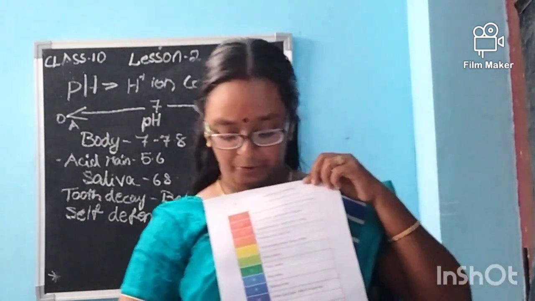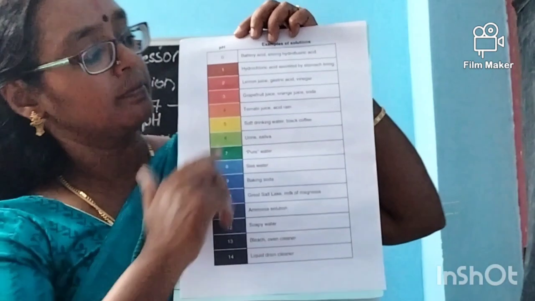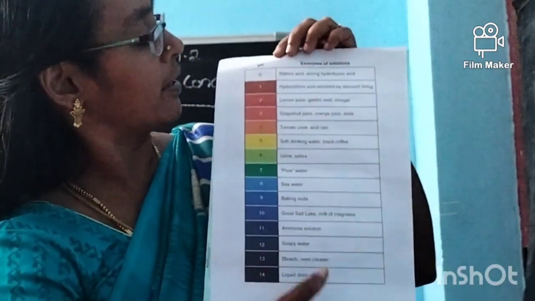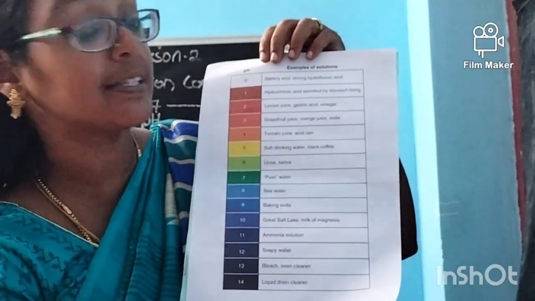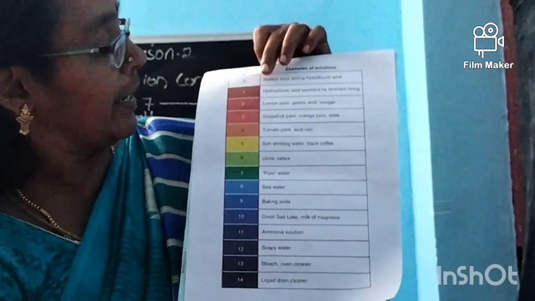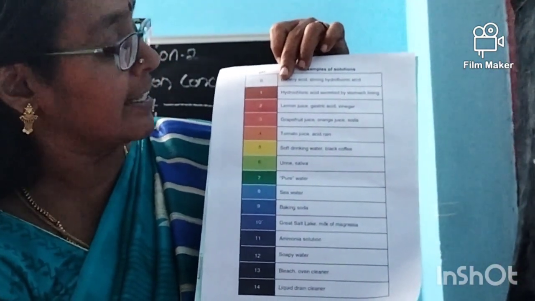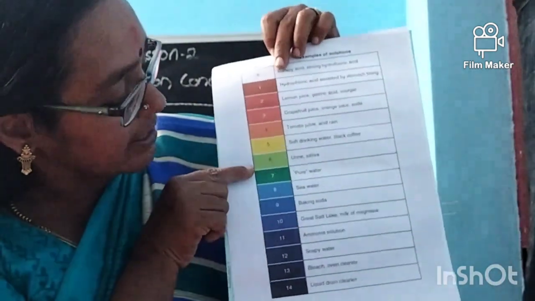See here, can you see? 0. Can you see, dears? Can you see, ma? Now you can see it. Battery and strong hydrofluoric acid is having pH 0. pH 1 hydrochloric acid. Then lime juice, gastric acid and vinegar pH 2. Like that, when pH up to 7, what is that? Pure water.